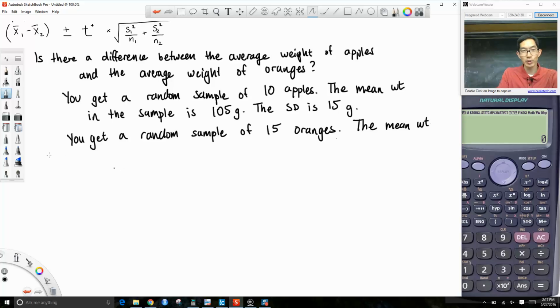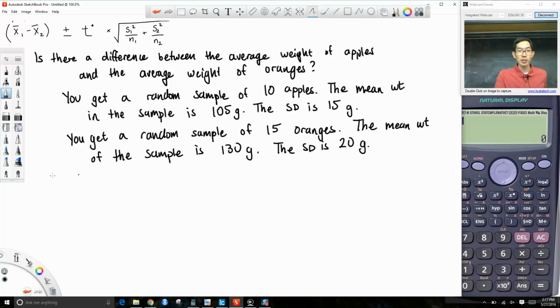The mean weight of the sample is 130 grams, and we'll say the standard deviation is 20 grams.